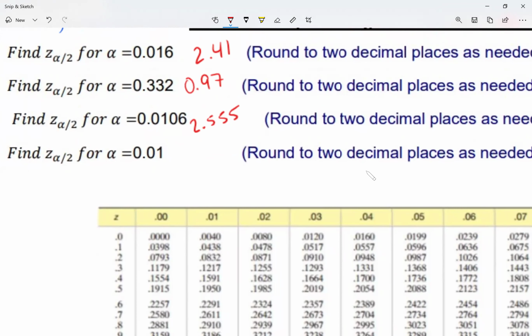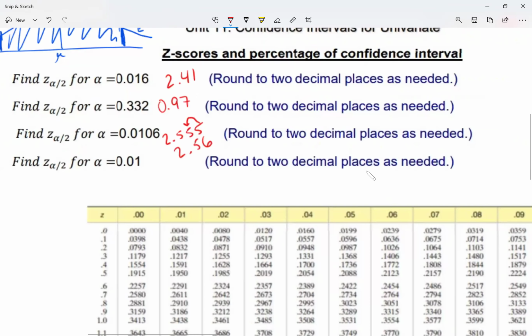If it said write it as 3 decimal places, awesome, I'm good to go. But this says round it to 2 decimal places. My third decimal place is big enough, so my answer will end up being 2.56. My actual C value was 2.555, so I call it 2.56 when I round it.